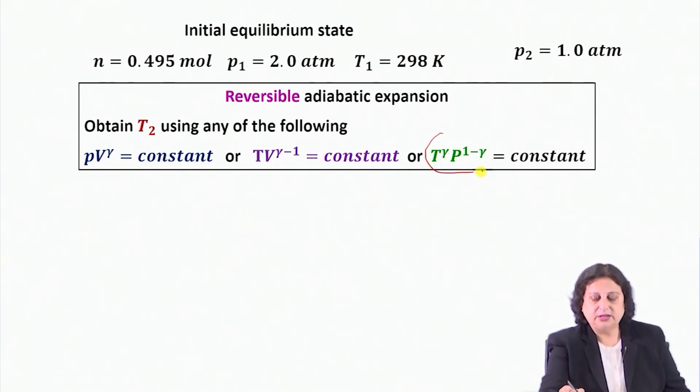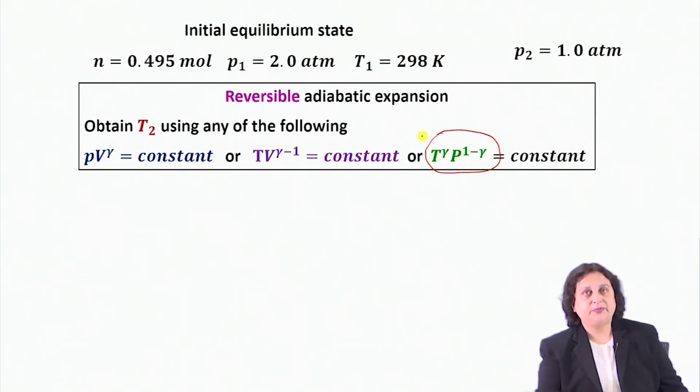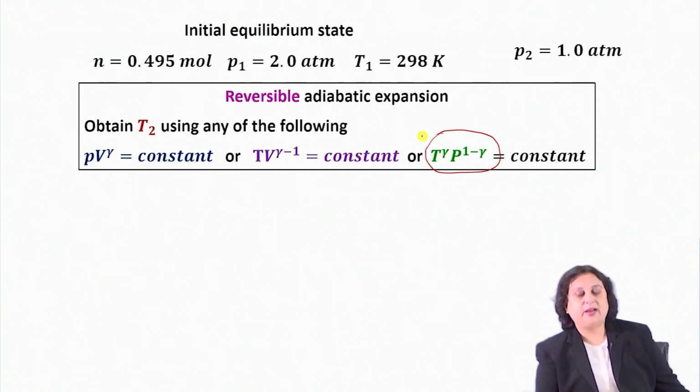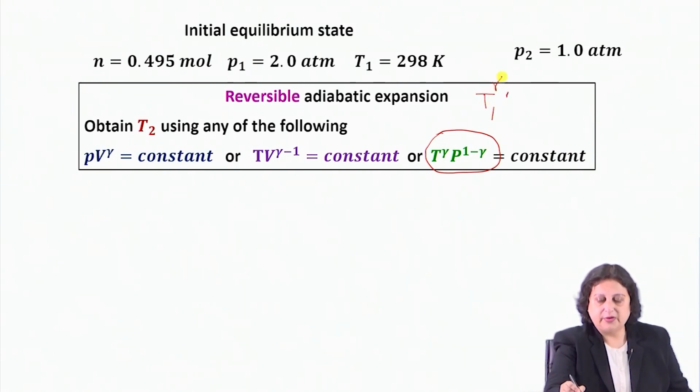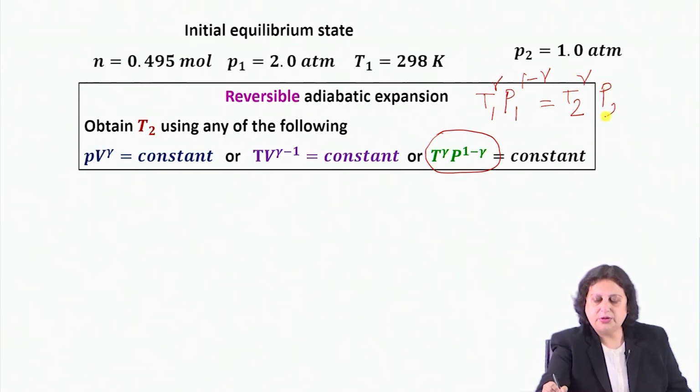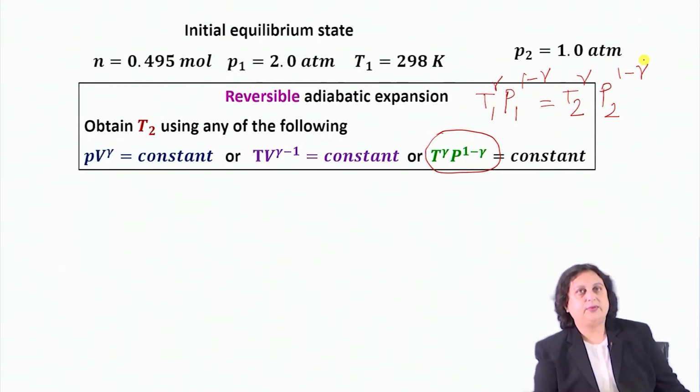Since I know the initial temperature, initial pressure and the final pressure, I would write T1 to the power of gamma, P1 to the power of 1 minus gamma, and equate it to T2 to the power of gamma into P2 to the power of 1 minus gamma. From this equation, I am going to find the value of T2.